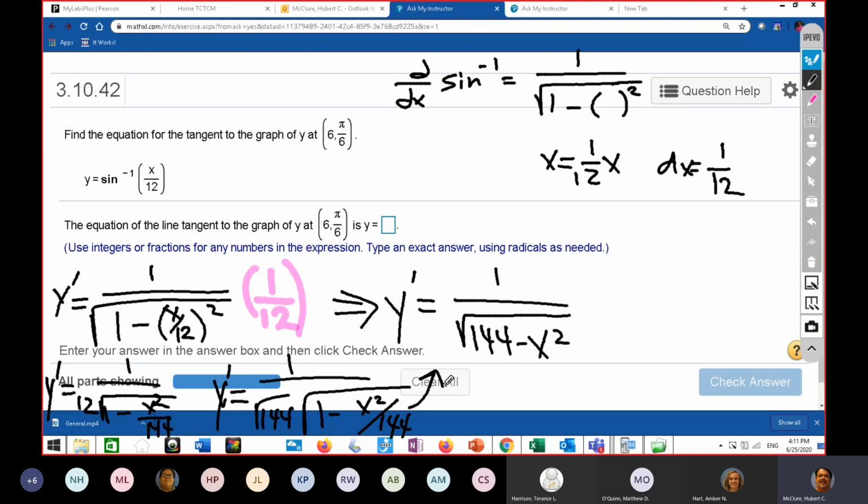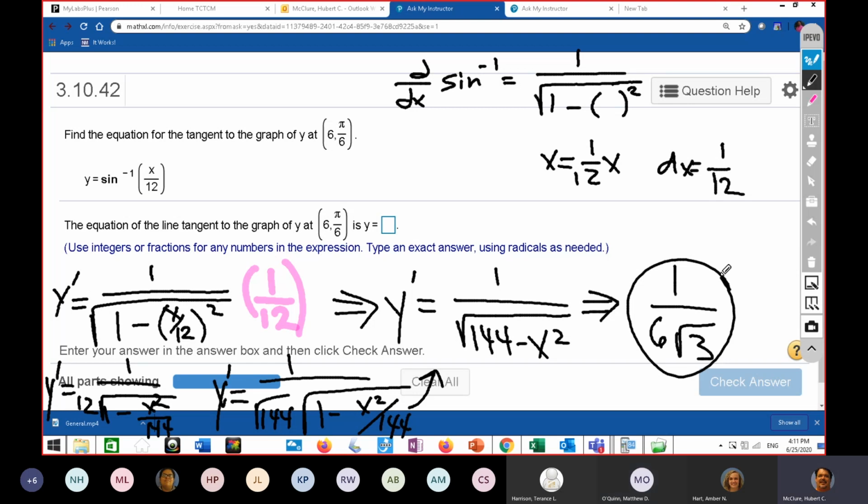So when you plug in 6, you get 144 minus 36, which is 1 over 108. And I just broke it up into radicals because they don't want you to deal with decimals when you're doing this. So I get 1 over 6 square root of 3. But y'all check me.